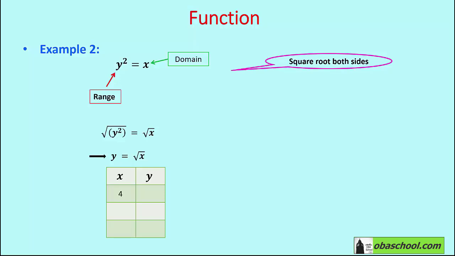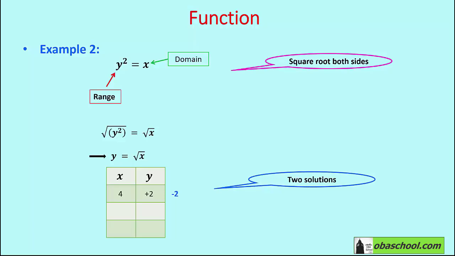Why? Because, for example, when I square the minus, it becomes positive or plus, and when I square the positive, also it gives me positive plus sign. That's why the square root of any number could be positive or negative. So the square root of 4 could be either plus 2 or minus 2, and in this case we have two solutions.